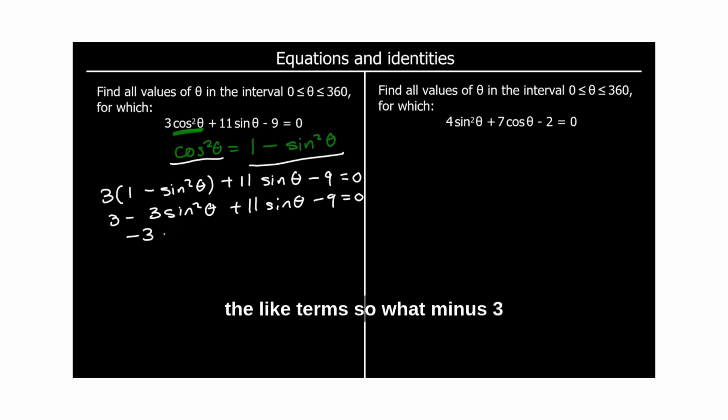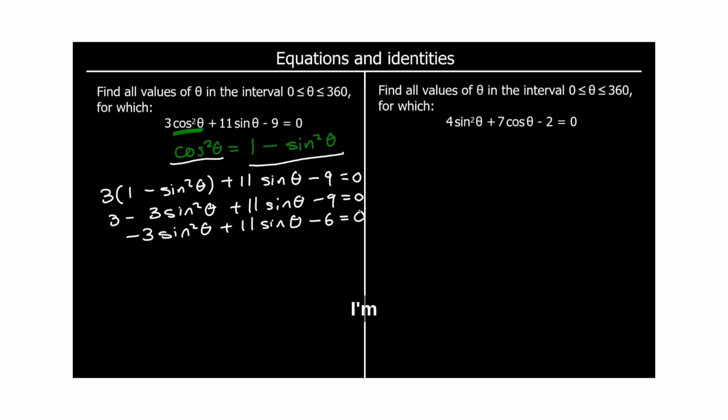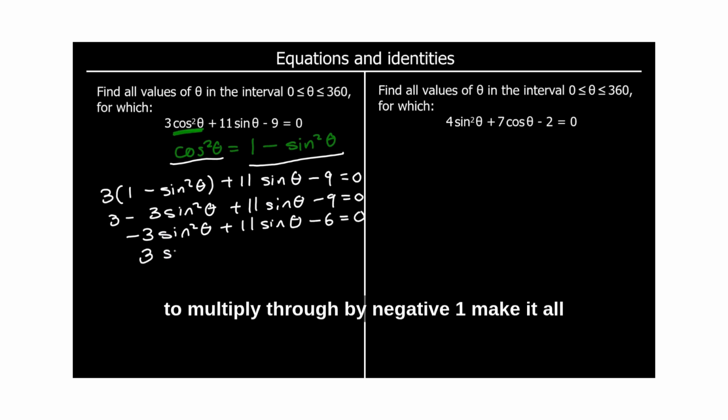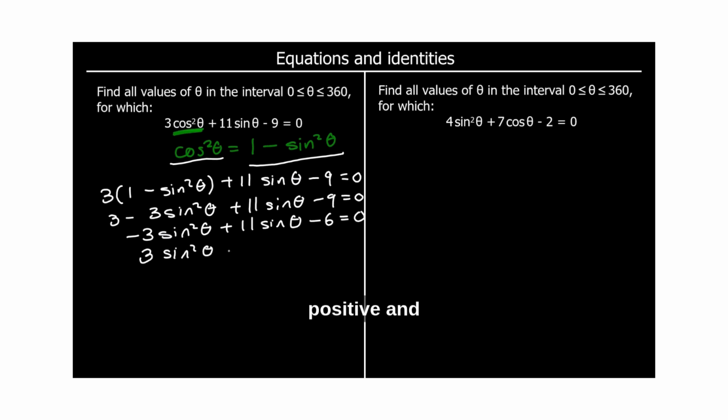So we've got minus 3 sine squared theta plus 11 sine theta, and we've got 3 minus 9, minus 6, equals 0. I'm going to multiply through by -1 to make the sine squared theta positive. And now I'm going to factorize.